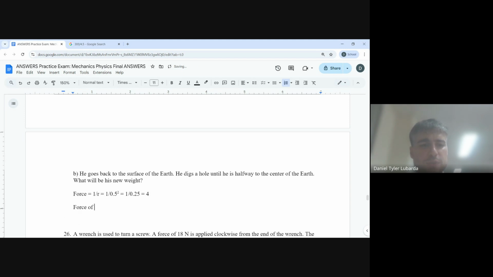So our force of gravity is going to be equal to his original weight, 8,000 newtons, times 4. So his new weight is going to be 32,000 newtons.